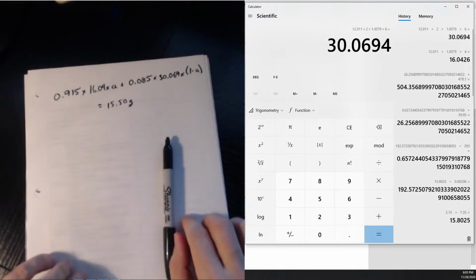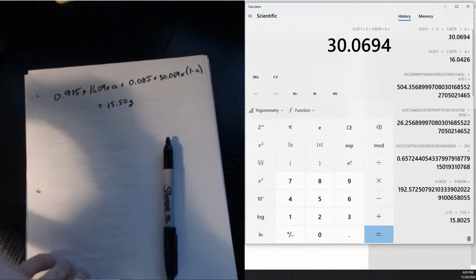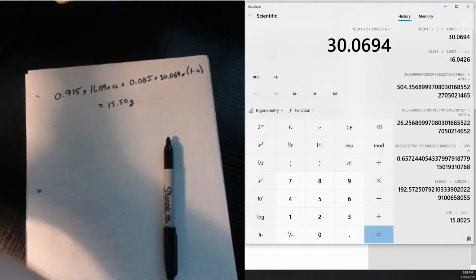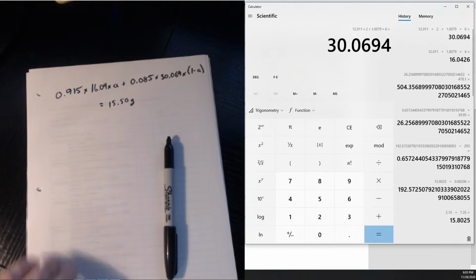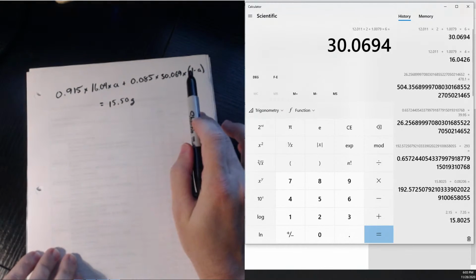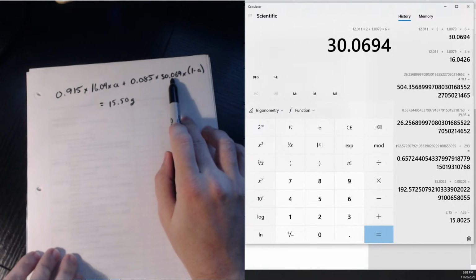I think I must be getting tired. Moles of methane times molar mass will get you grams of methane. Moles of ethane times molar mass will get you grams of ethane.